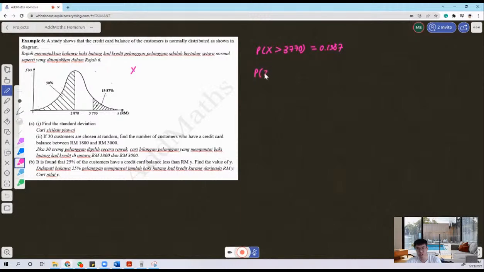Can I change to Z score? Yes. 3770 minus the mean, and the mean is usually in the middle, divided by the standard deviation, equal to 0.1587. Let's assume that this is K. So what is 0.1587?